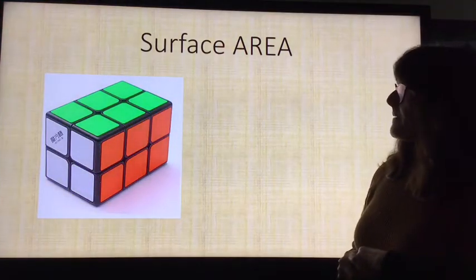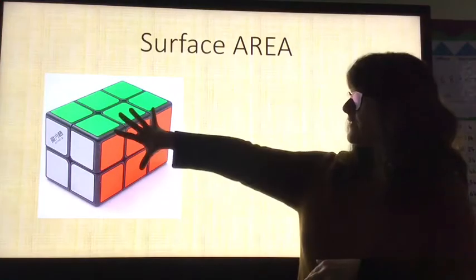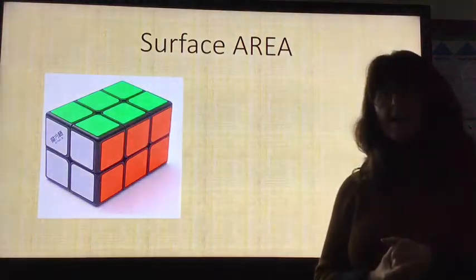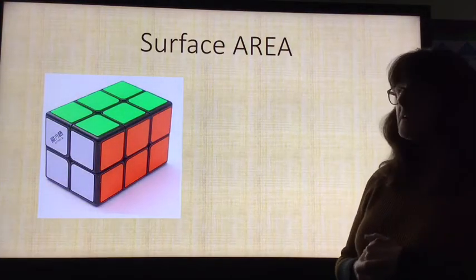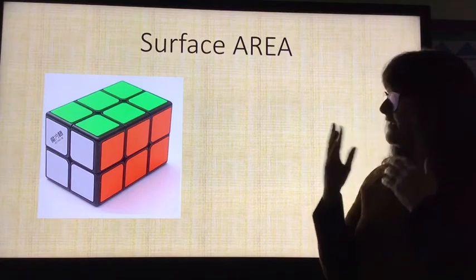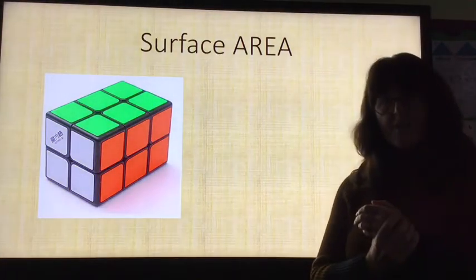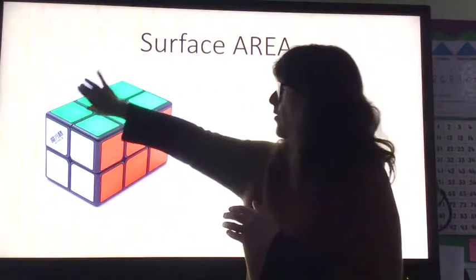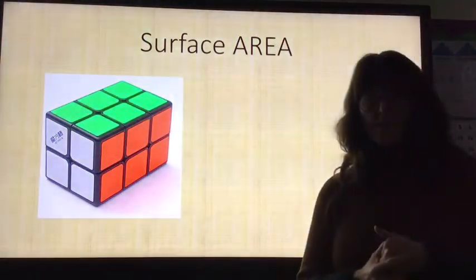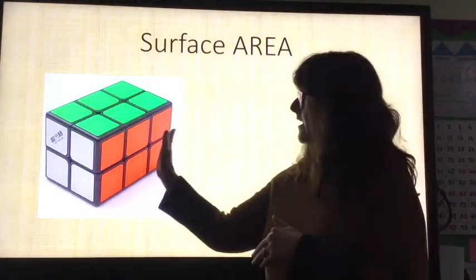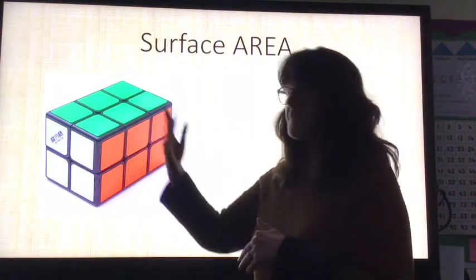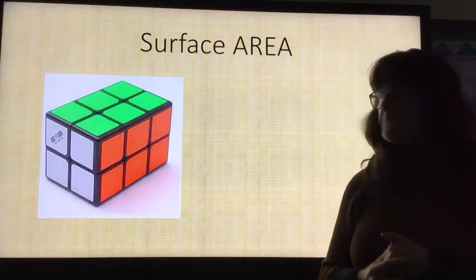So when we talk about the surface area of a cuboid, I like to imagine, to calculate that, if I was wrapping this up in paper, how much paper would I need to cover all of the surface of that cuboid? How much paper would cover each of the 6 faces on that cuboid?